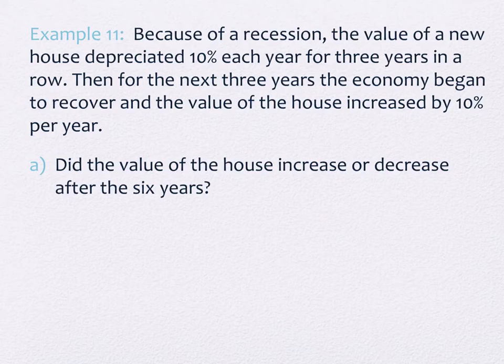It says, because of a recession, the value of a new house depreciated, that means it went down in value, 10% each year for 3 years in a row. Then, for the next 3 years, the economy began to recover and the value of the house increased by 10% per year. Question A says, did the value of the house increase or decrease after the 6 years?